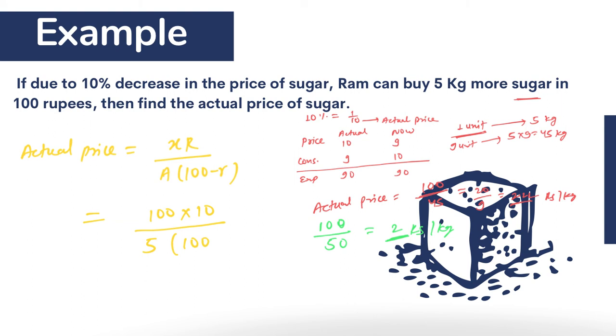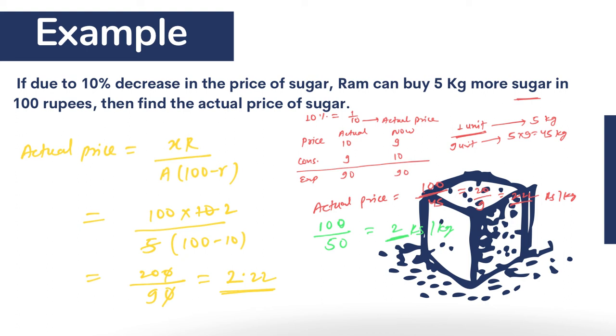I can cut this 10 by this 5, so I will get 2 here. So upside is 200 and downside is 90. When I cut 0 to 0, so 20 by 9, so I can say 2.22. This is my actual price.